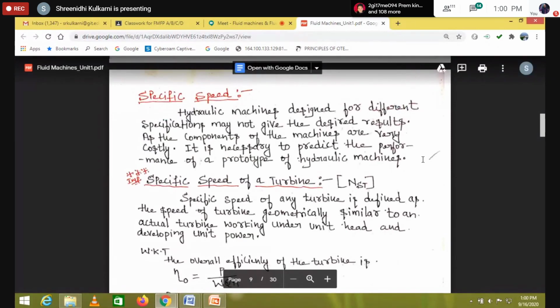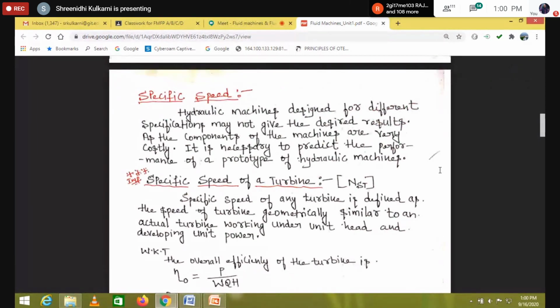Next topic will come for specific speed. So what is this specific speed, and why is this specific speed required in turbo machines? And what are the parameters in this specific speed? Before going to this, I will brief you here.